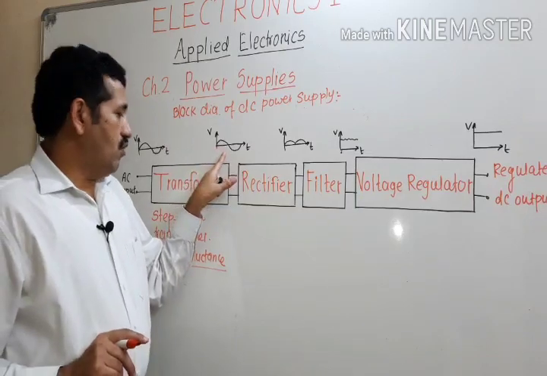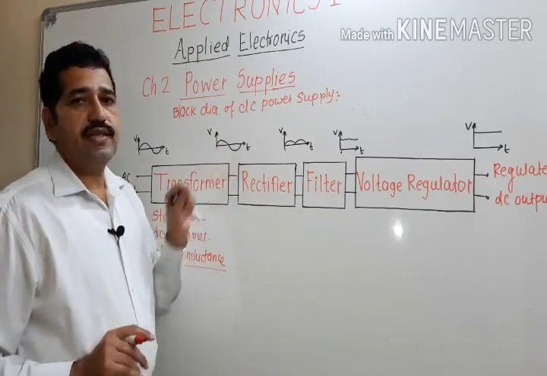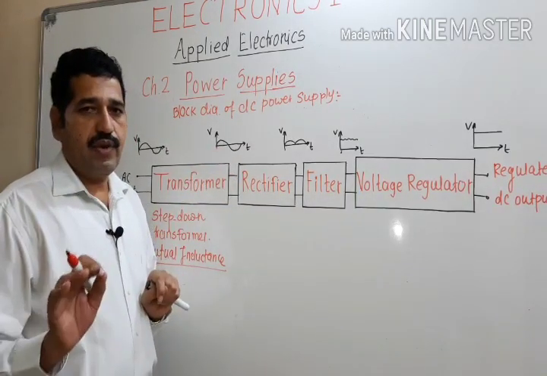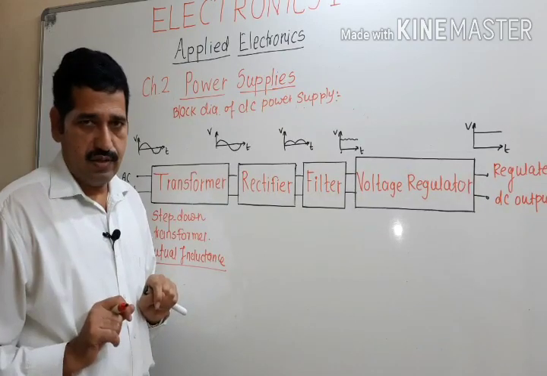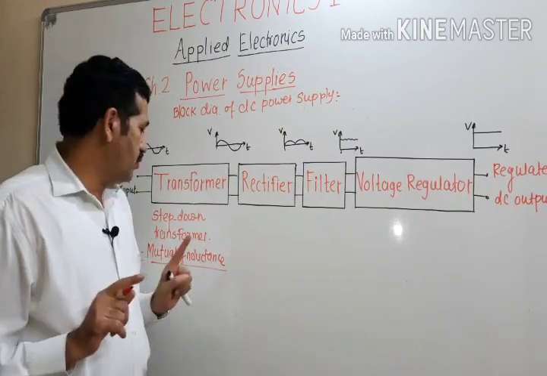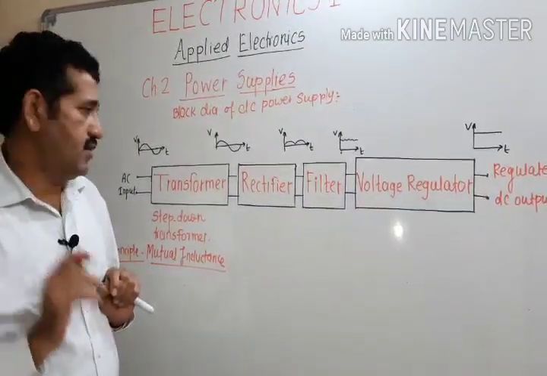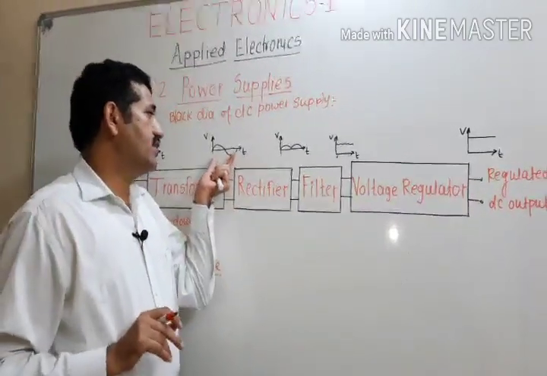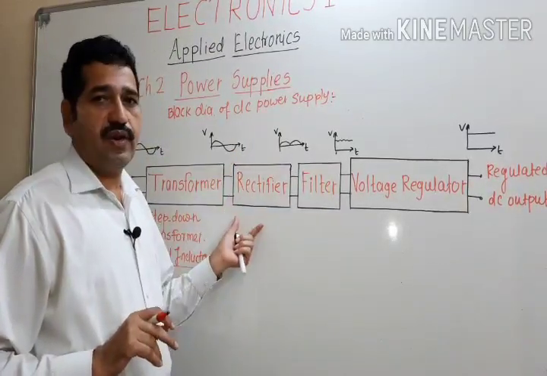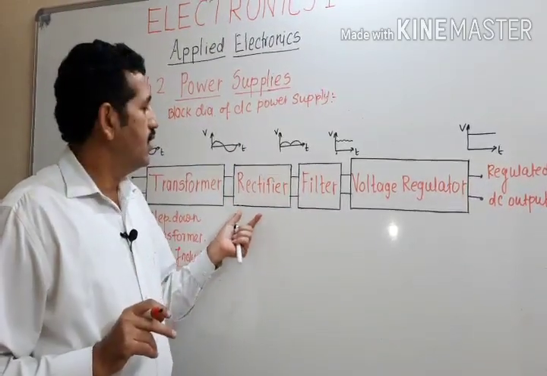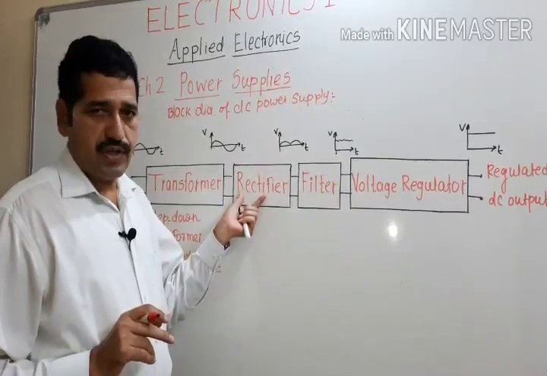Now the output of the secondary is again AC. Frequency remains constant. Only voltage and current change. Now this AC has to be converted into DC, so a rectifier is used.